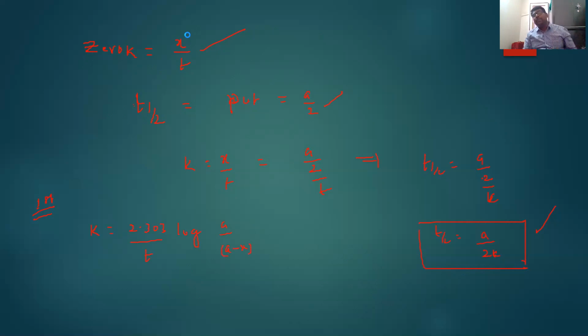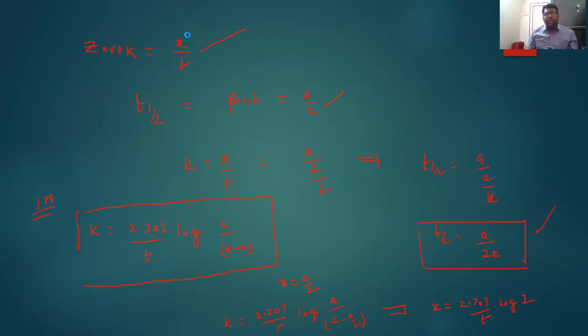If we put x is equal to a by 2, then K is equal to 2.303 by t into log of a by a minus a by 2, which gives K is equal to 2.303 by t into log 2.